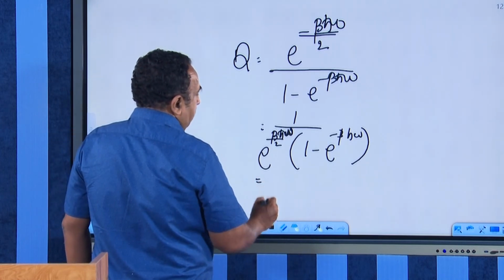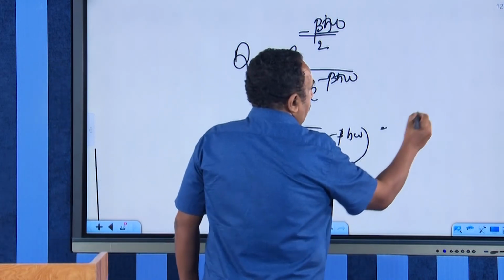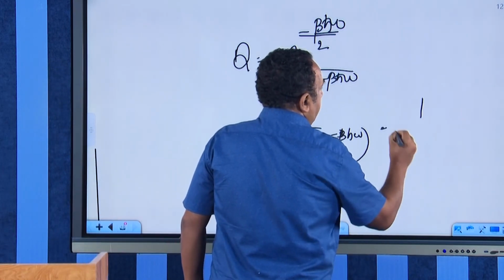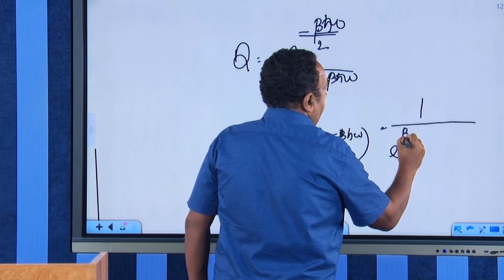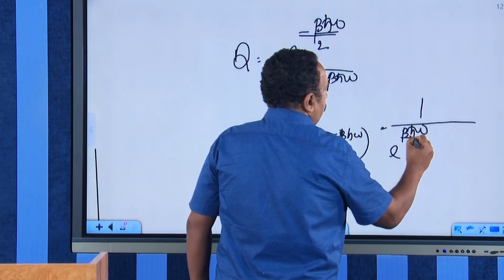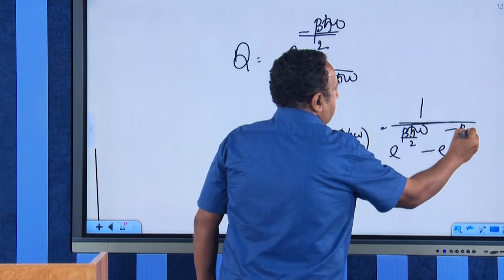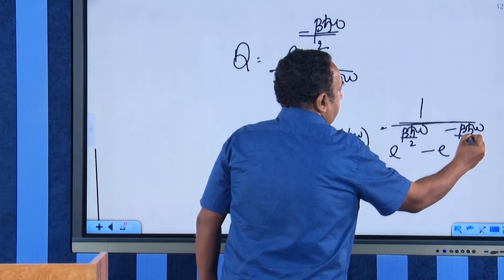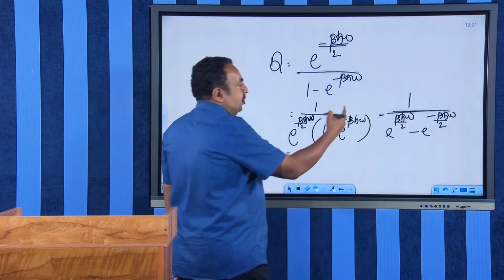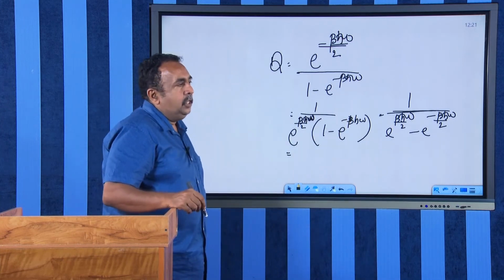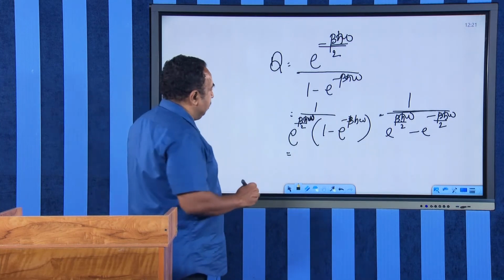Therefore, your expression can be written as 1 divided by e raised to beta h cut omega by 2 minus e raised to minus beta h cut omega by 2, and e raised to x minus e raised to minus x, you can write it as 2 sinh x.